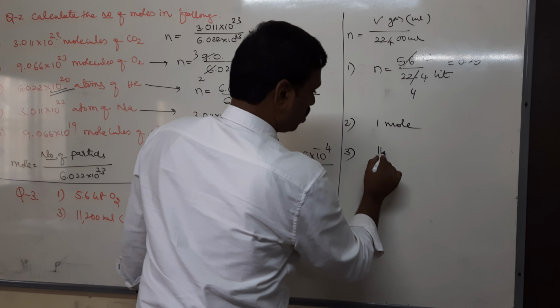Next, fourth one, 44.8 liter. Mole is 44.8 divided by 22.4, which is 2 moles. Last one, 2.18 divided by 22.4. What do you get approximately?